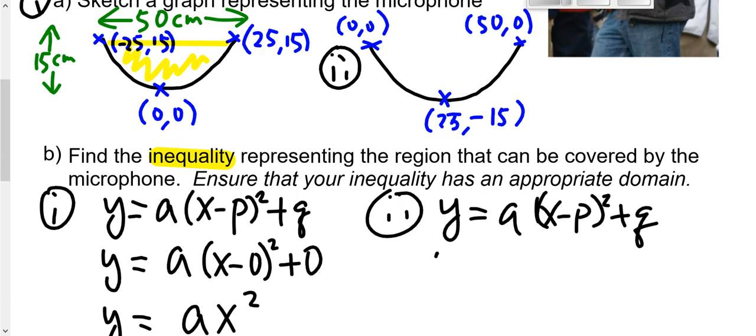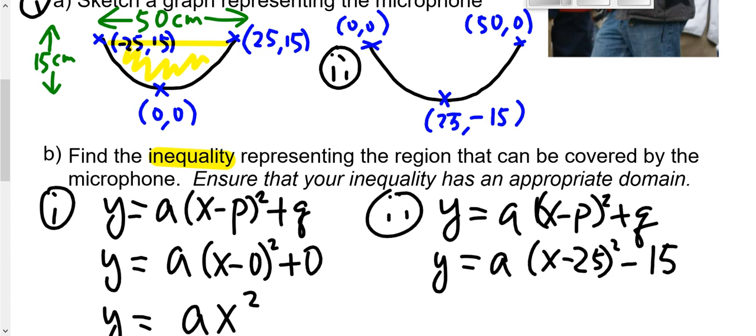So y equals a times x minus 25 squared, and then remember you flip the sign, positive, flip that, negative, the q, the y stuff, you leave that, so minus 15. And of course, we're going to finish this question the same way, find a point, plug that in for x and y, and then solve for a.